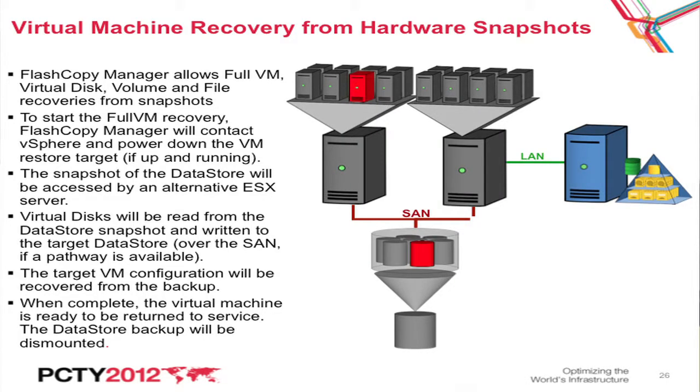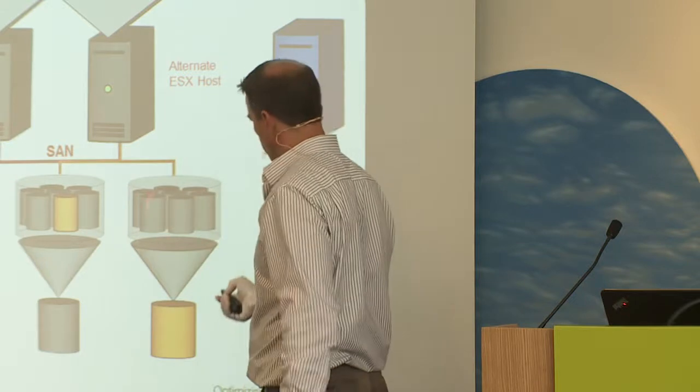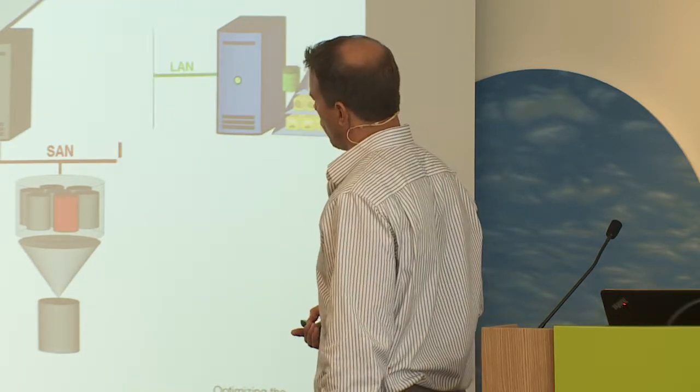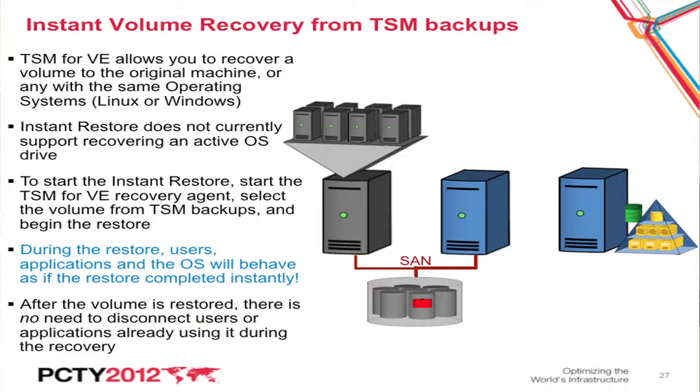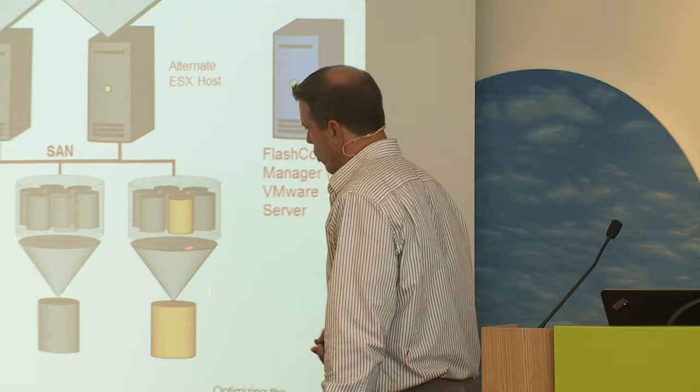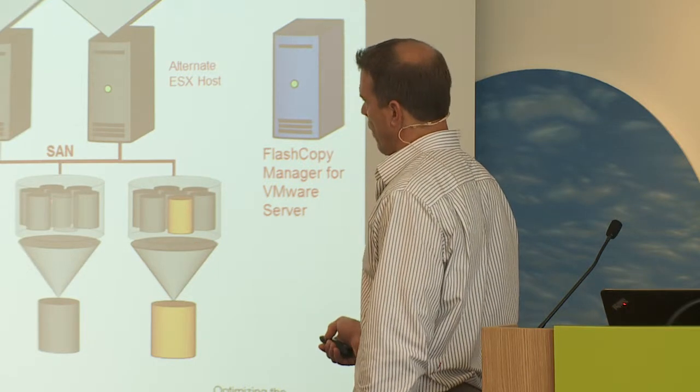You can do a full virtual machine recovery, and this goes through some of the underlying details of what's actually happening. In the case of Virtual Environments, you're recovering back from the TSM server. With the hardware snaps, you're recovering from the local snap that you took; you snap back.